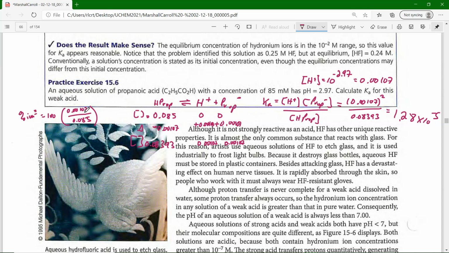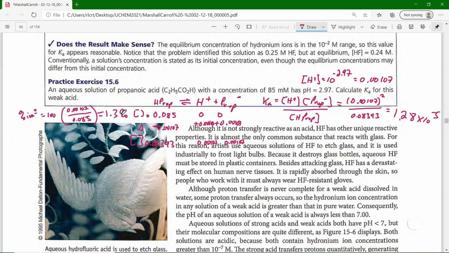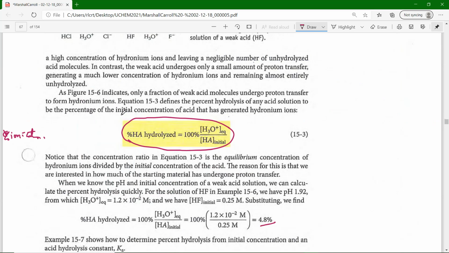So 0.00107 divided by 0.085 times 100 is 1.25, so 1.3%. Okay, so that's even small. Sometimes you have even less than 1% dissolving, even less than 0.001% dissolving.